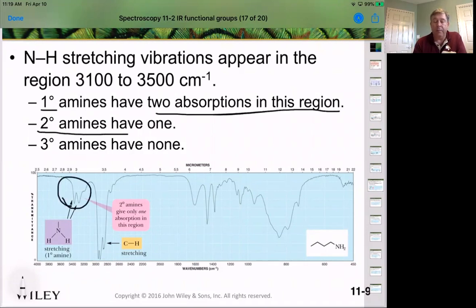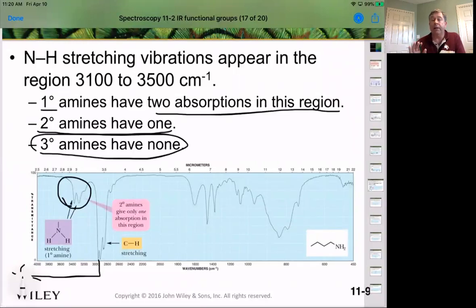If we have a secondary amine, that means we have one hydrogen that'll show up in this upper region here. And if we have a tertiary, there are no hydrogens in that range. We will only have the carbon-nitrogen bonds that show up down in this range here. Notice we still have the carbon-hydrogen peaks that show up. Anytime we have an alkane, those carbon-hydrogen peaks will show up in this region.